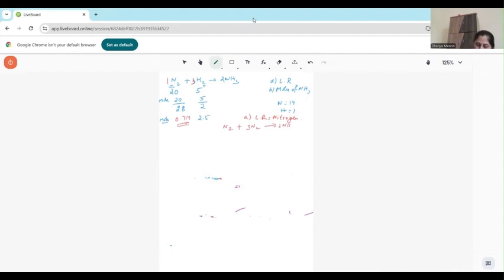I'm choosing nitrogen because that's our limiting reagent. 1 mole of nitrogen reacts with 2 moles of ammonia. So 0.714 will react with how much? X is equal to 0.714 times 2, which is equal to 1.42 moles of ammonia. If they ask you for the mass, you know which formula to use to make the moles into mass. So this was about the limiting reagent.